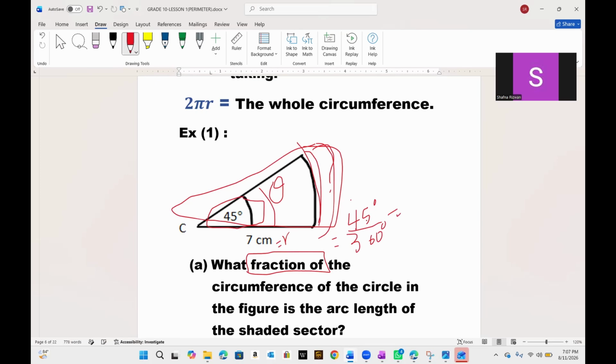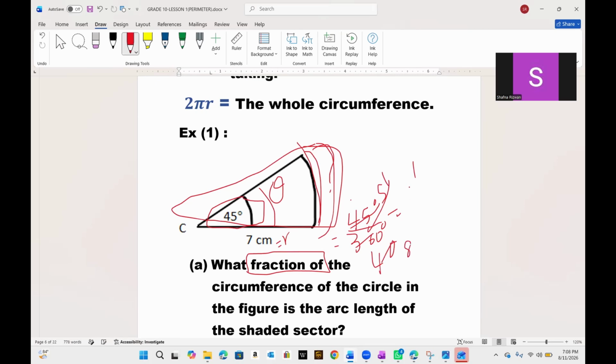But girls, remember you can't leave it like this, simplify it. 45, if you divide by which number can you take both the numbers? 9. 45 divided by 9 is 5. 360, 36 divided by 9 is 4, and 0 is here. Again, 5 over 40, 5 divided by 5 is 1, 40 divided by 5 is 8.